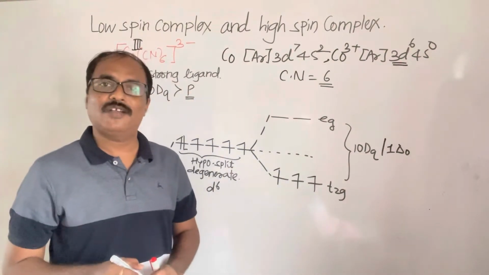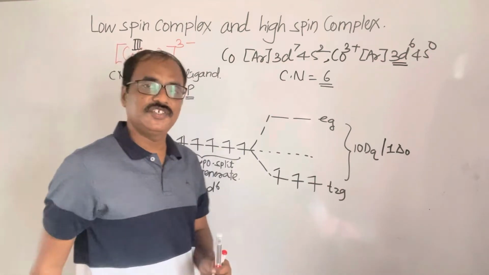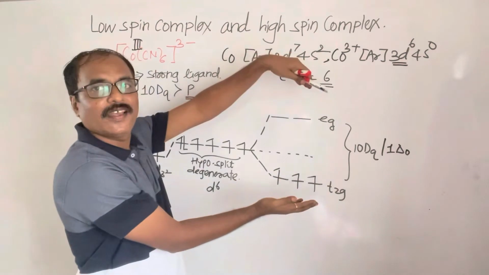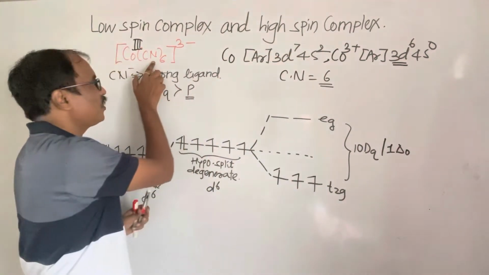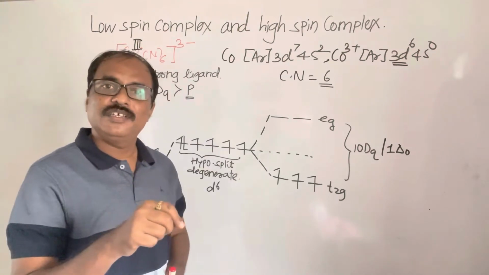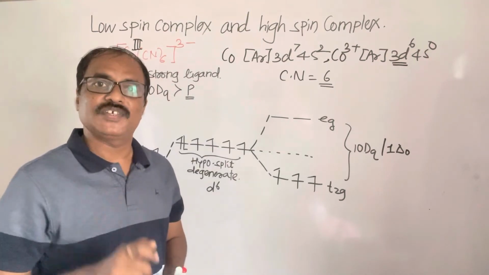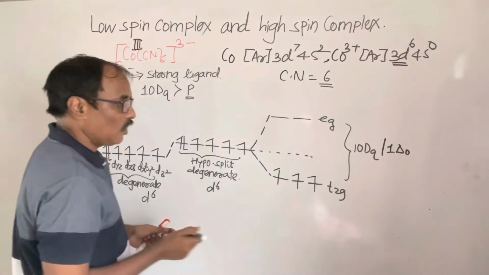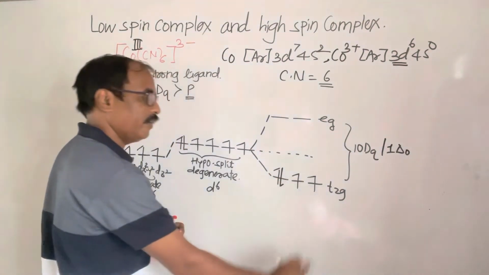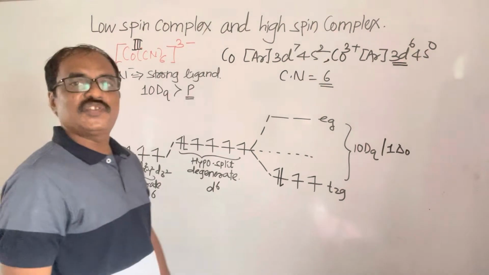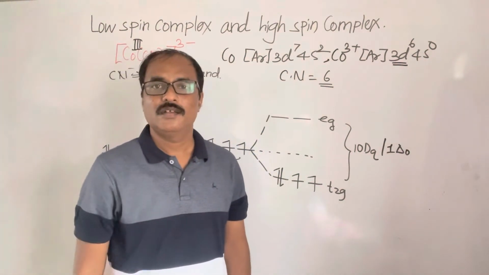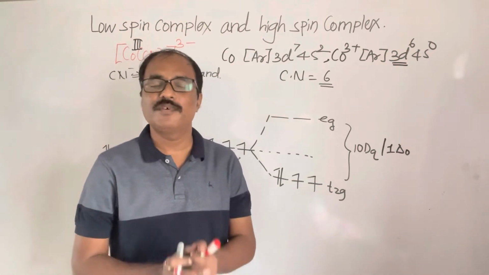For pairing of electrons in T2g, less energy is required. 10 Dq is larger because splitting is larger, due to attack of strong field ligand CN minus. Since pairing energy is less, the fourth electron will enter T2g. Since the fourth electron enters T2g, this complex is said to be a low spin complex.